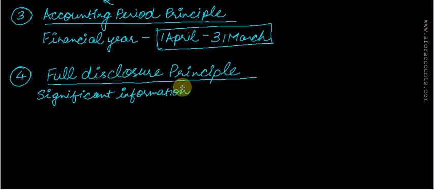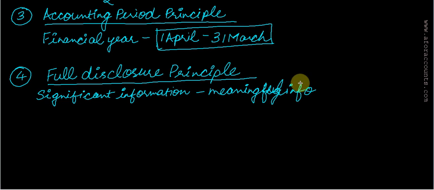Any material, meaningful information has to be disclosed. What is meaningful or material information? That which can change the decision of the users of that statement.